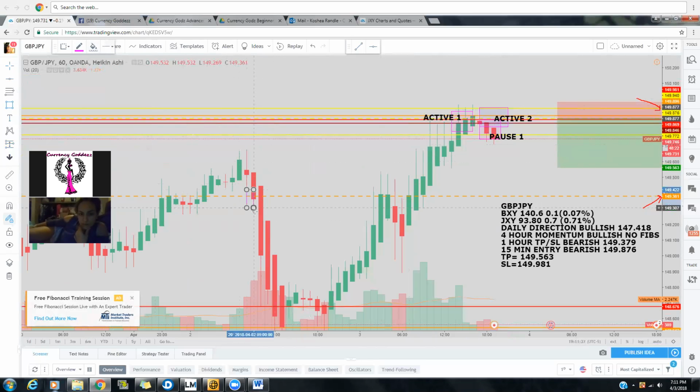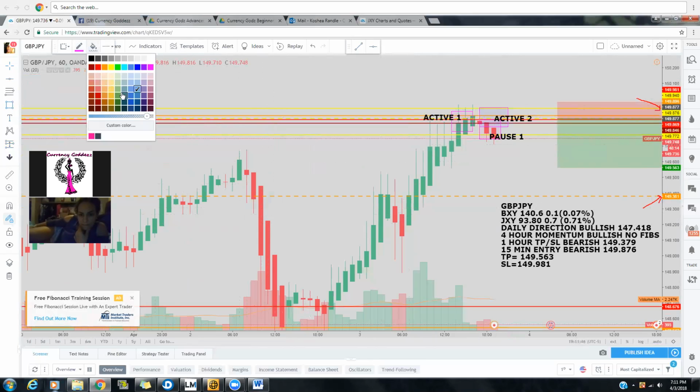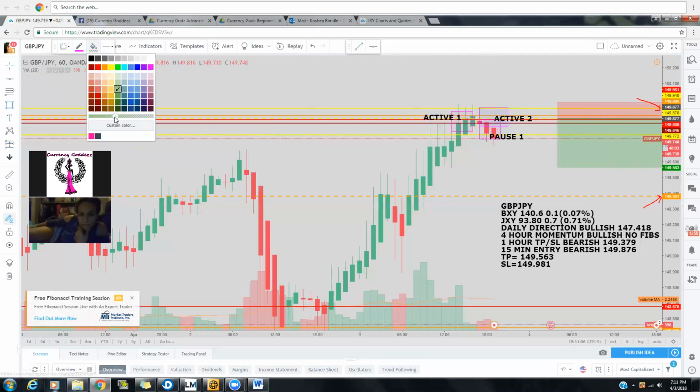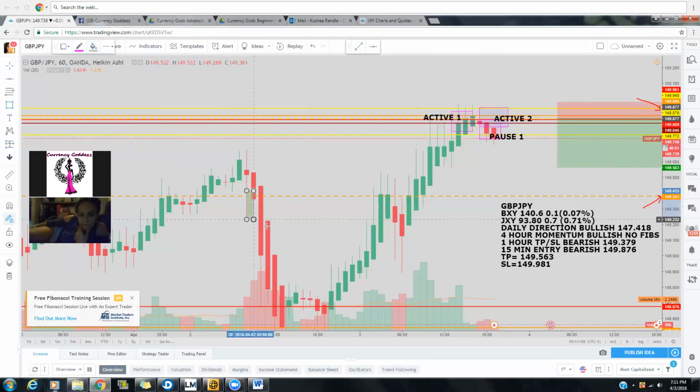And I color coordinate them. It makes it easier for me to just glance at it and see what I'm doing. I need to make that darker. There we go.